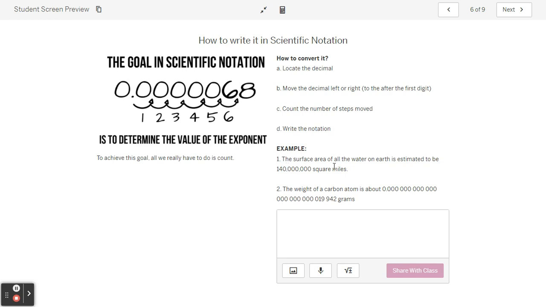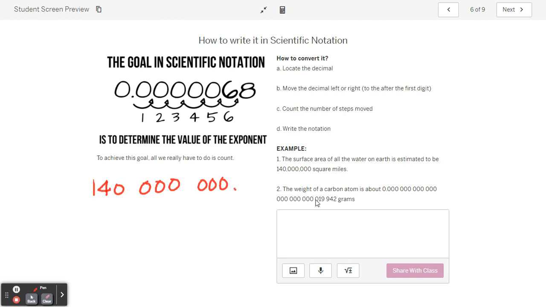Okay, the surface area of all the water on Earth is estimated to be 140 million square miles. This is a very large number. So we know that we're going to have a power with a positive exponent to it. So the number 140 million, our decimal is here.